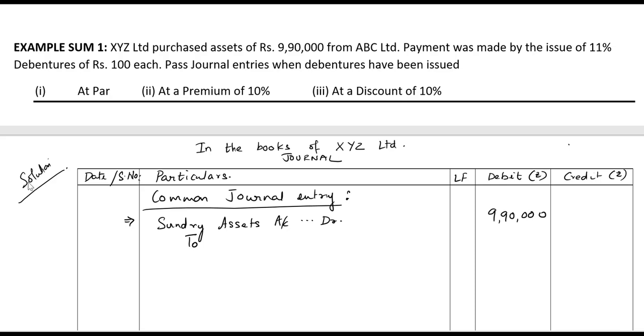To the name of the vendor, ABC Limited account, and the amount payable to ABC Limited is also 9,90,000 rupees, for purchase of assets from ABC Limited.